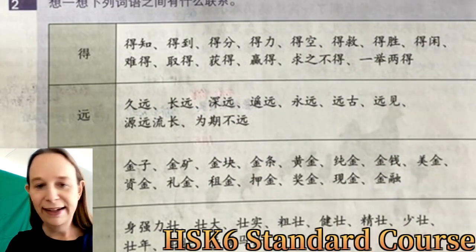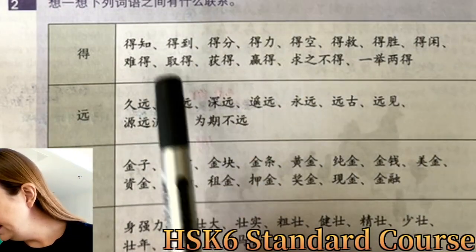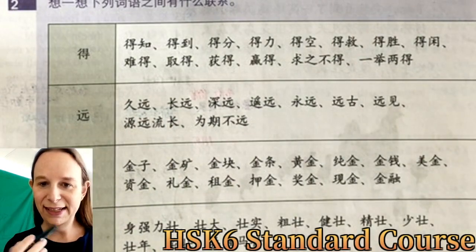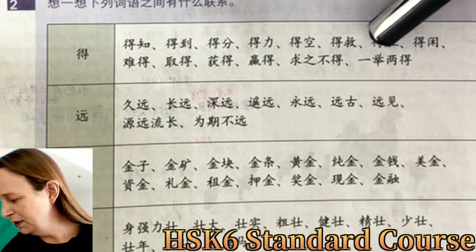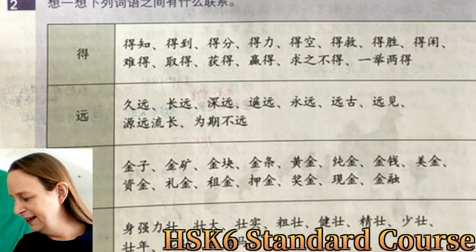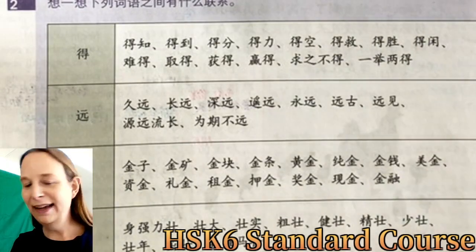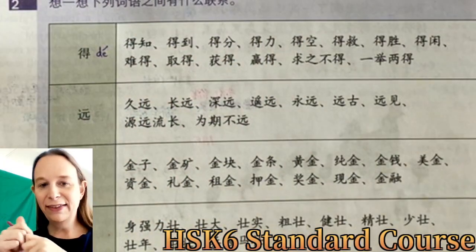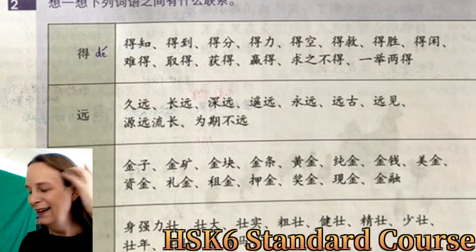得知. Next, 得到. This 得 is, are they all like this? Yeah, so we're doing 得 to mean receive, right? 得利, 得空, I don't know that one. 得救, 得胜, 得闲, 难得, 取得, 获得, 赢得. Yeah, so these are all 得. There's other pronunciations, like the neutral tone, of course.